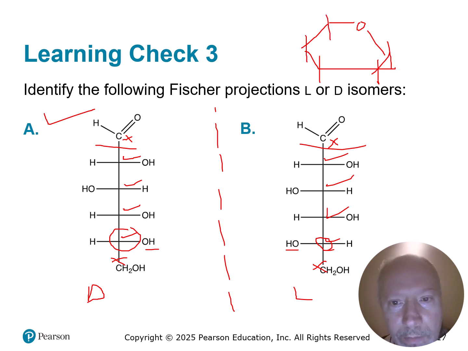You have hydroxyls all over the place here, and so eventually when you start doing any biochemistry, you'll need to learn more about this, but this may be enough for this class.